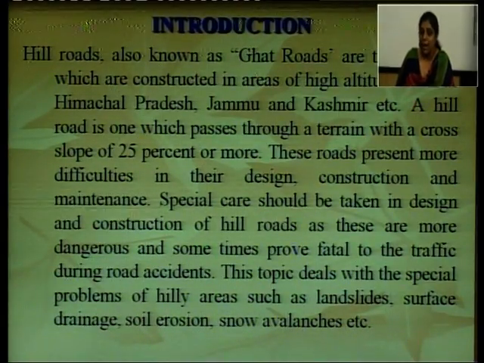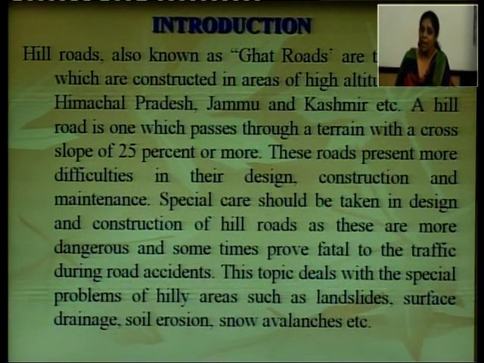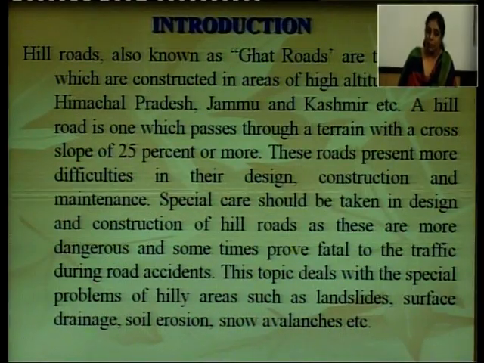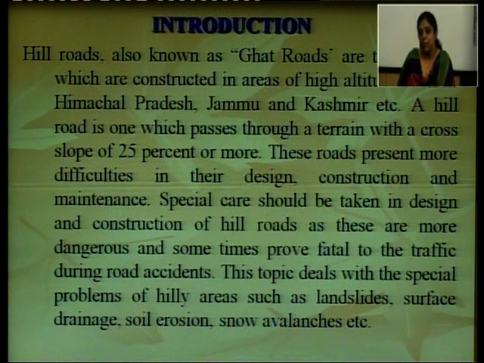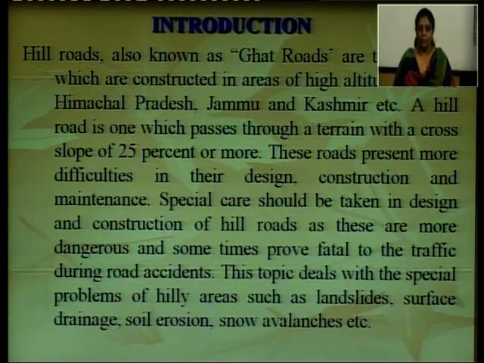But if the slope is in perpendicular direction, then we say that the terrain has a cross slope. And if this cross slope exceeds 25%, then we call that type of road a hill road.